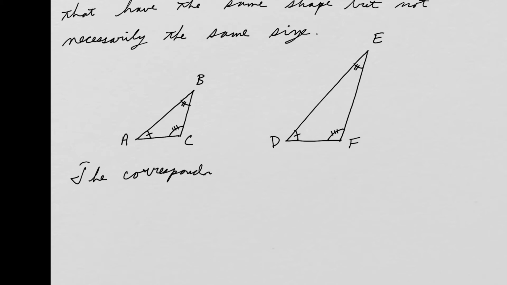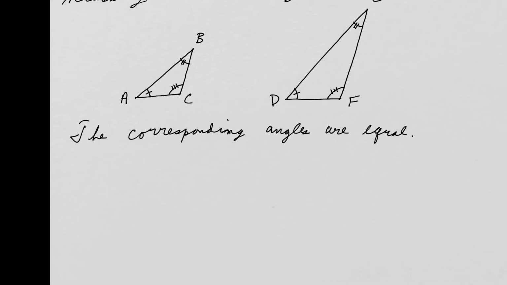So the corresponding, I'll write this clearly. In other words, this means angle A is equal to, again, angle D. And we can tell that by this single tick mark.